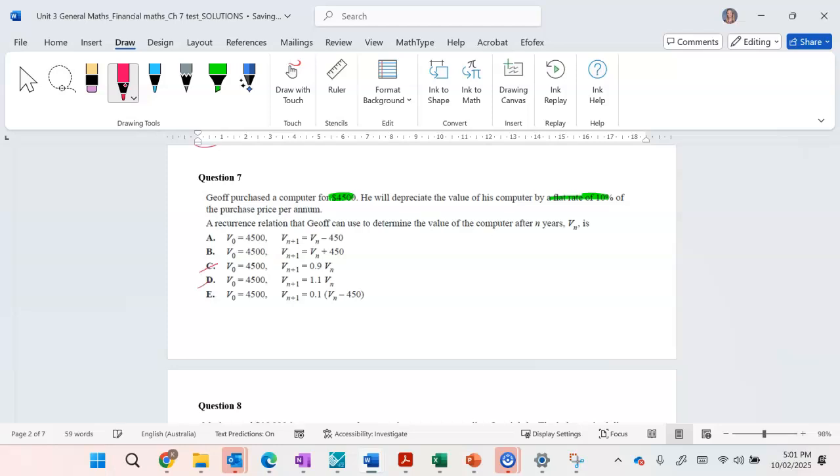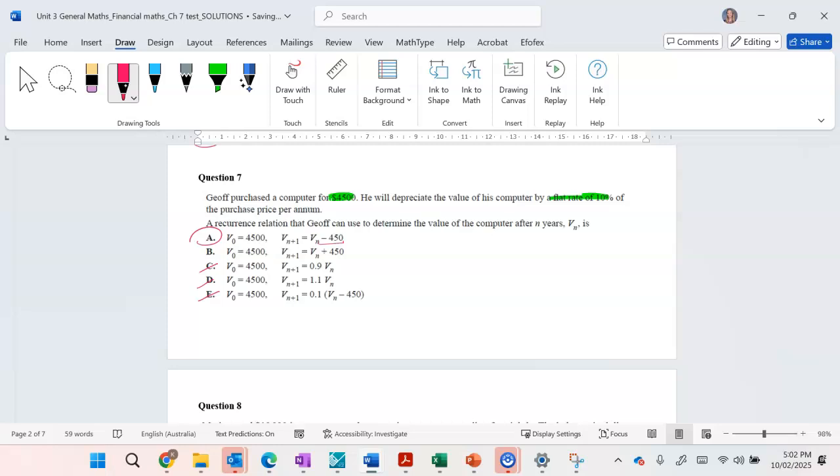So C, D, and E are all examples of reducing balance depreciation. And it is depreciation, so we've got to do the minus. If it was plus, it would be going up in value. The minus means it's going down in value. So that should be a gimme mark. That's a very, very easy question to do.